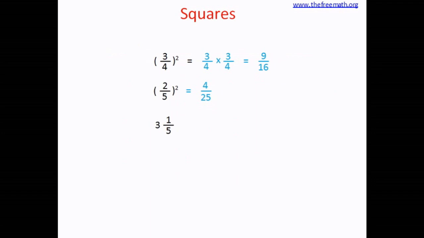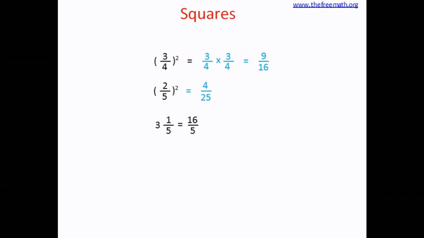How do you square this? What you can do is you simply convert this to an improper fraction. That means 5 3s are 15 plus 1 equals 16. So it is 16 over 5. And now you can square 16 over 5 like any other fraction.